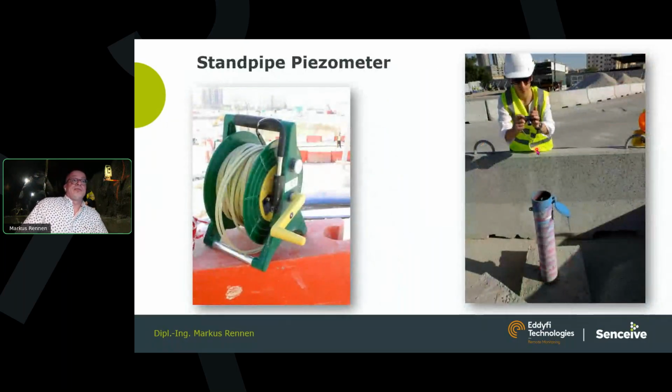Same applies, for example, to water level, groundwater level, ground pore pressure, which can be measured manually by this kind of drum of cable plummet with a certain signal recognized when it touches the water level.